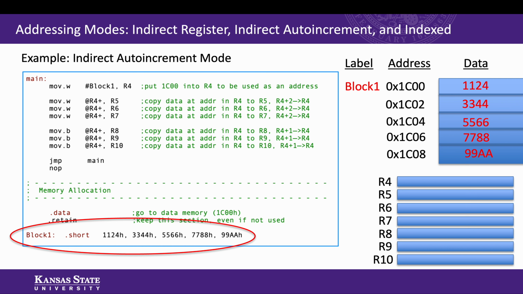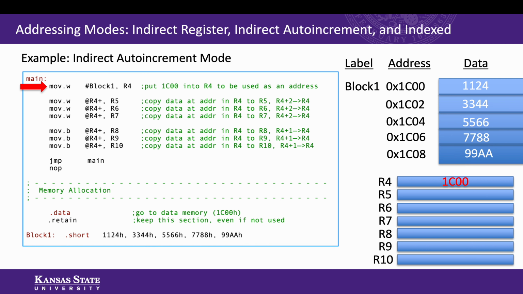And we're using the directive .short, which is a 2-byte word, as opposed to .long, which would be 4 bytes. And so we're storing 1124, and then 3344, 5566, 7788, 99AA. And then because, again, block 1 starts at address 1C00, those, which are each 2-byte words, will be stored in the addresses shown here at the top right.